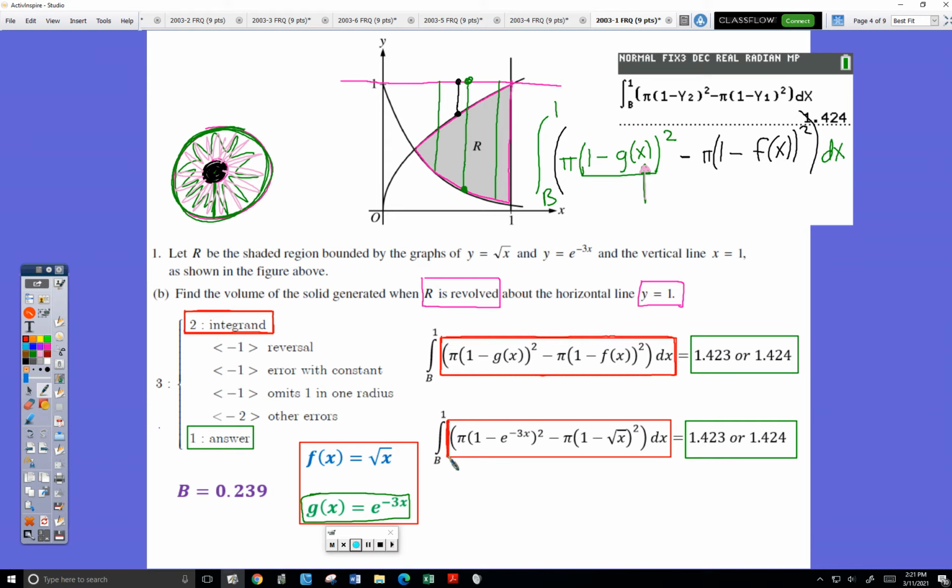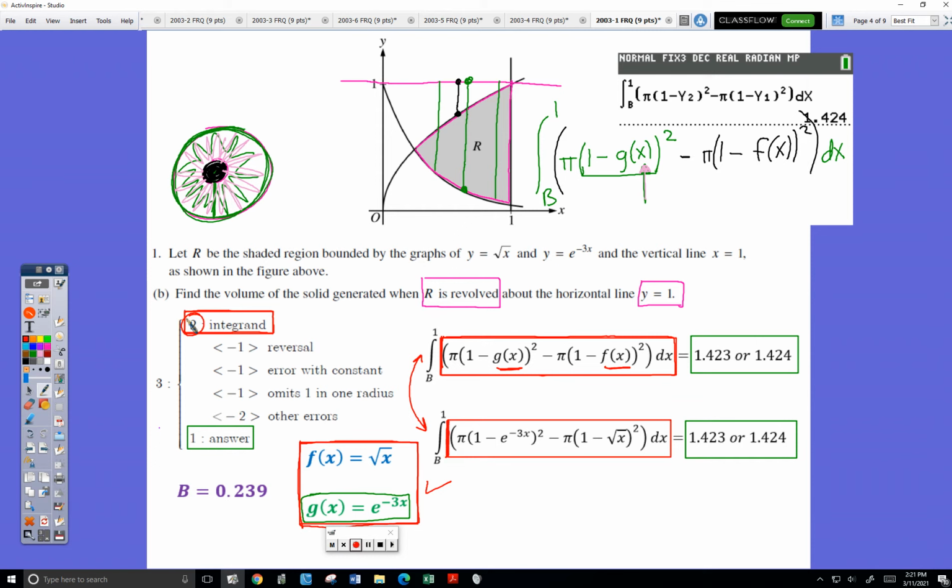And if I'm going to use G and F, I have to make sure I have written down on my paper what F is equal to and what G is equal to. Although if I did that in part A, I don't have to do it again in part B. I just rewrote it here as a reference. So you don't have to have both of these, just one. Either one with the correct red box would give you 2 points.